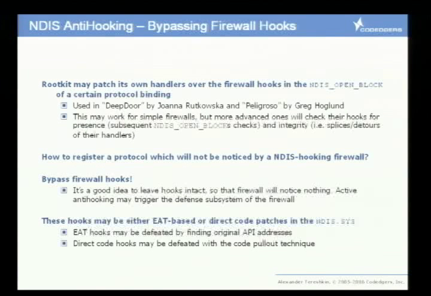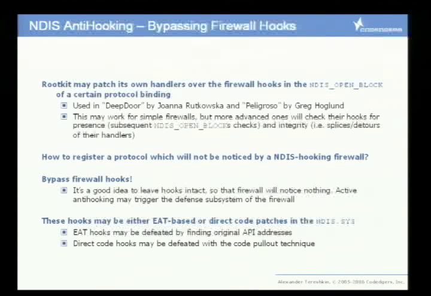It's a good idea to register a protocol which will not be noticed by the NDIS hooking firewall, but for existing rootkits like DeepDoor or Pelegroso, which are going to hook the NDIS open block of a certain protocol binding, it's not possible. They use the technique of repatching firewall handlers in this open block structure.